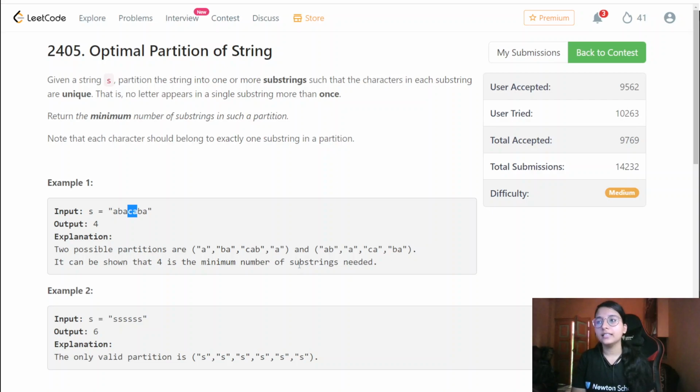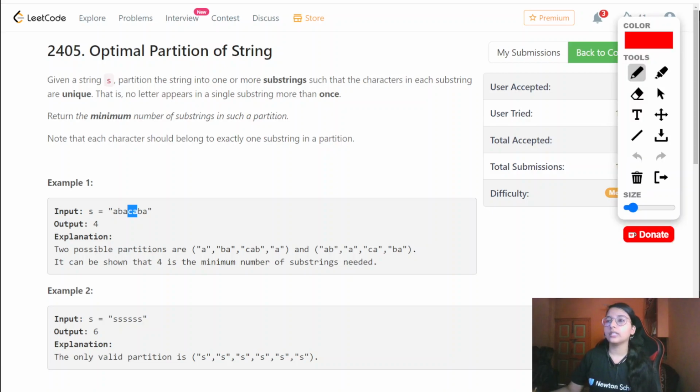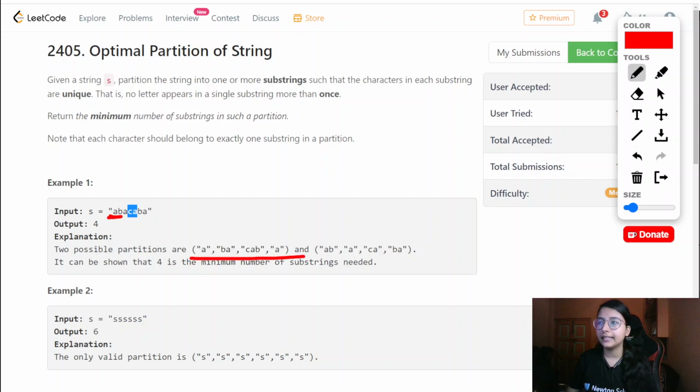But AC is already there and C is also already there, so in that context you would be using the same characters. That's why first we are checking for the A. If we take these two examples, two possible partitions are given, so let us check in that direction also.